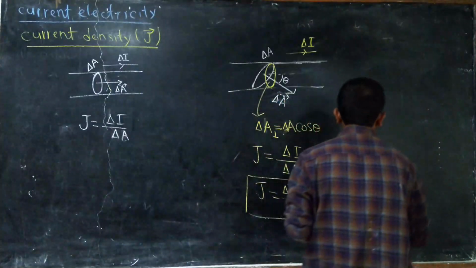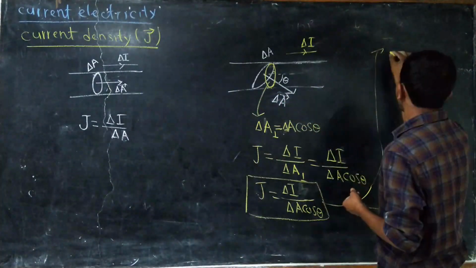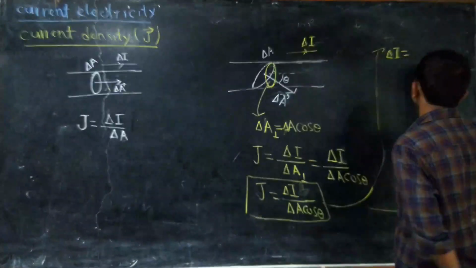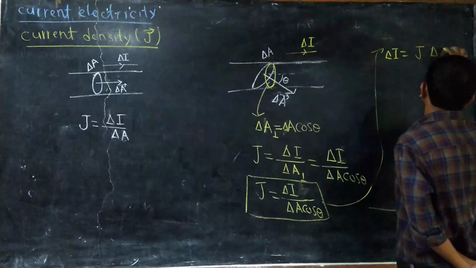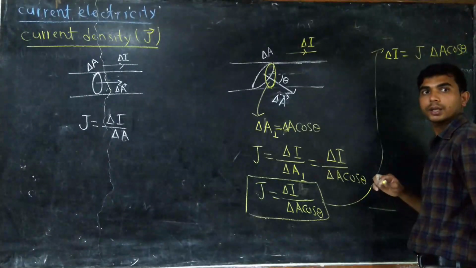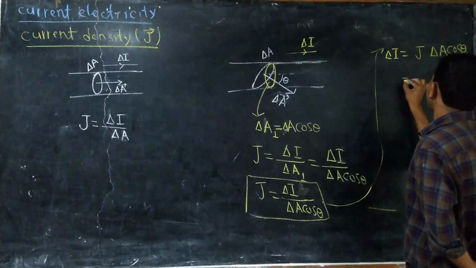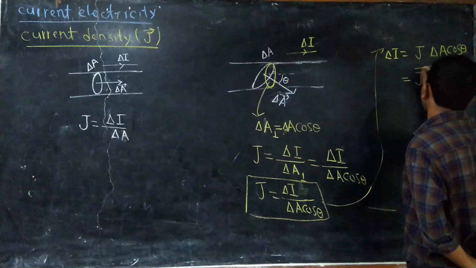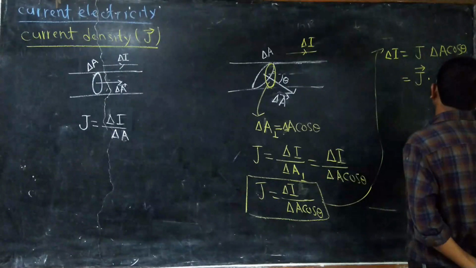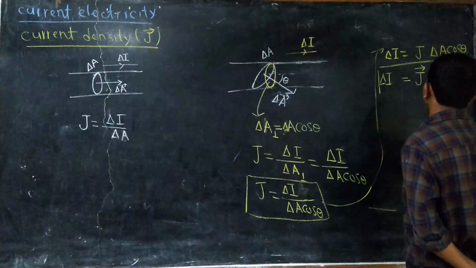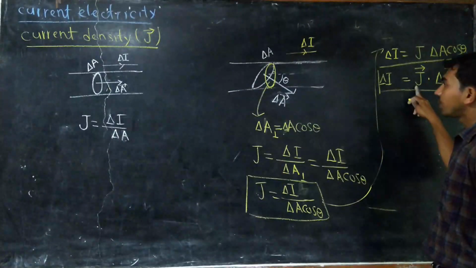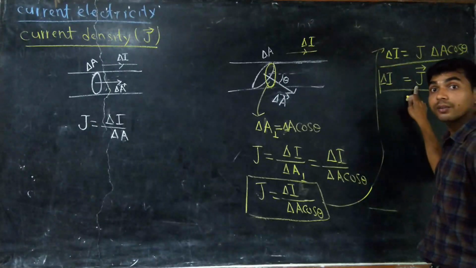So this expression can further be written as delta I is equal to J delta A cos theta. And further we can write it as J vector dot delta A vector. So this is one more formula. J is the current density, and that is a vector quantity.